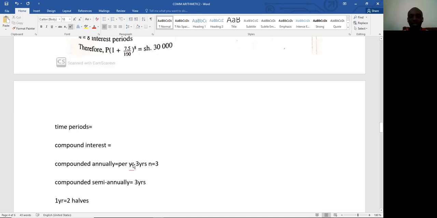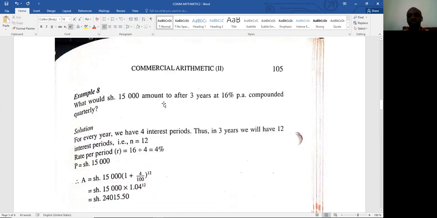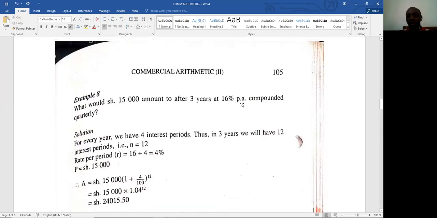So that now brings us to the question. What would 15,000 amount to at 16% per annum? Look, the rate is per annum, but it is not compounded per annum, it is compounded quarterly. So 16% per annum, compounded quarterly.